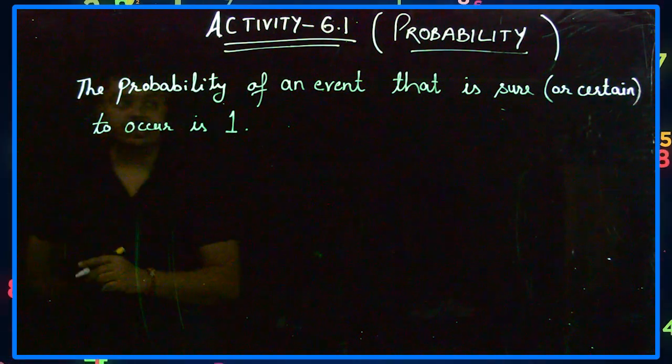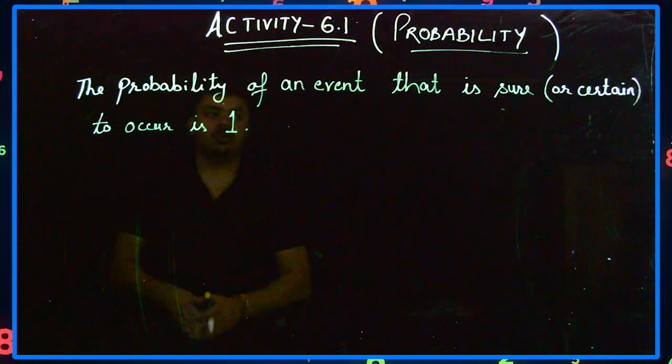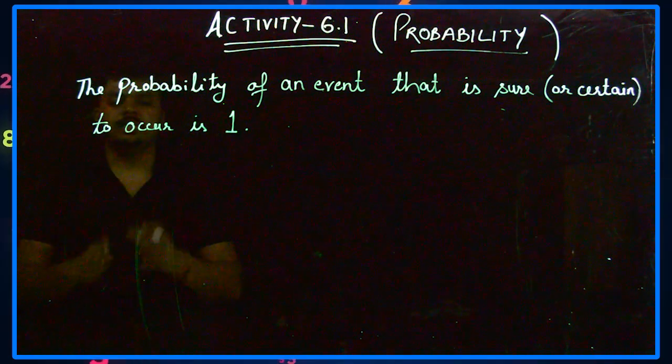That is, the probability of an event that is fixed or sure to occur is 1.